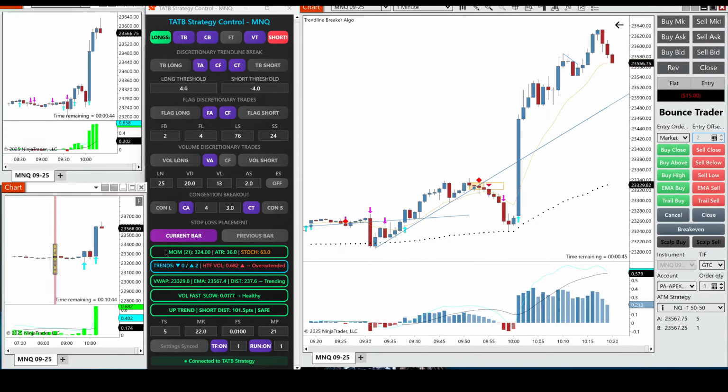Usually when everything is green here, we're trending upwards and we have good healthy market conditions. Man, this ATR is 36 points. That's a lot. Look at this momentum filter of 324. I mean, that's insanely high.